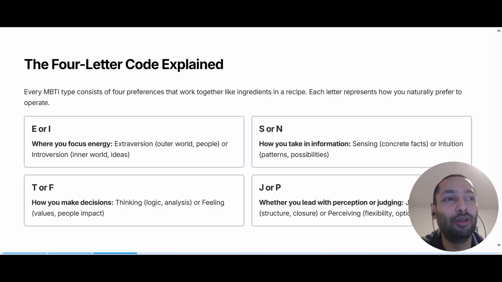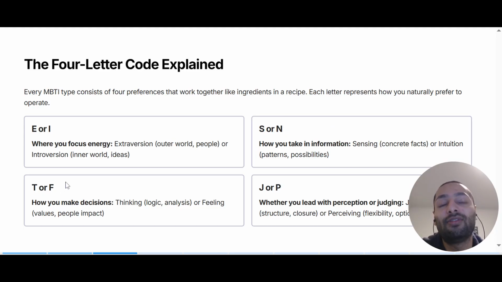You kind of give little weight to abstraction, whereas the intuitives, which are the N types, tend to be more abstract and aware about possibilities, and they try to push on the edge of what they can make possible. Whereas a sensing type pushes on the edge of what actions they can take or what concrete things they can do. Okay, so there's a subtle difference with S and N.